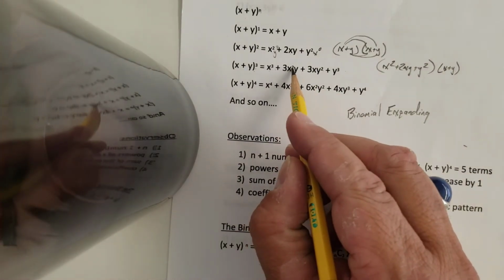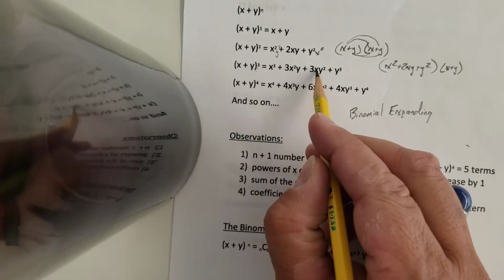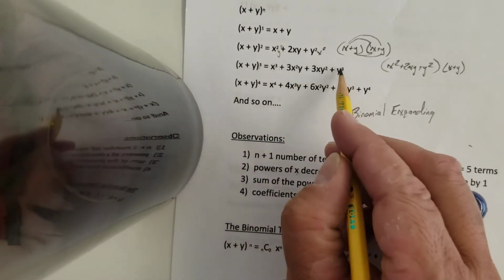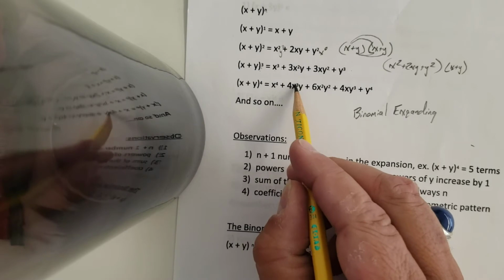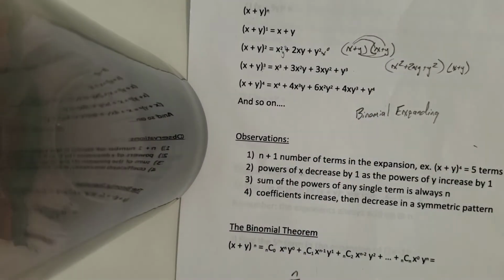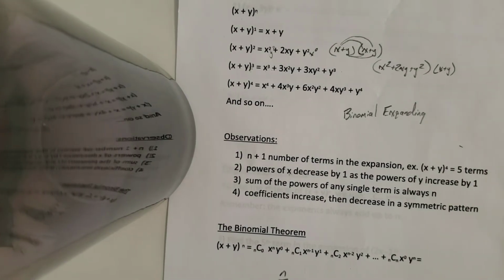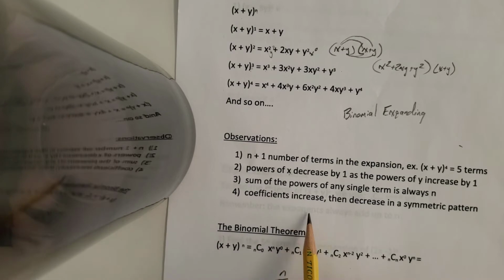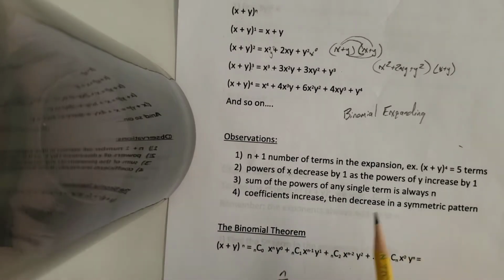So if you look, 2 plus 1 is 3. 1 plus 2 is 3. If I went to here, 3 and 1 is 4. 2 and 2 is 4. 1 and 3 is 4. So whenever you have variables in each term, you'll see that. And your coefficients increase and then decrease in a systematic pattern.